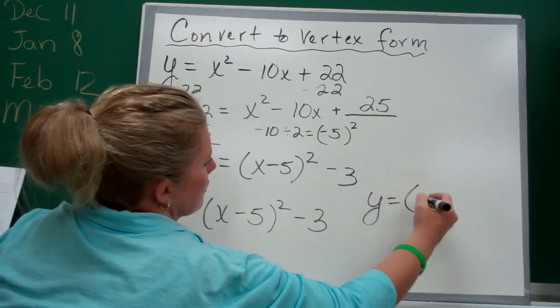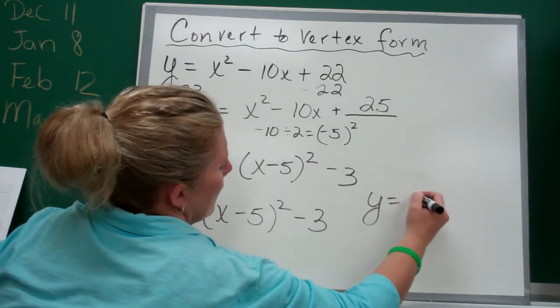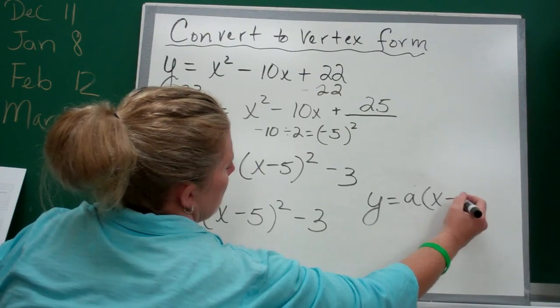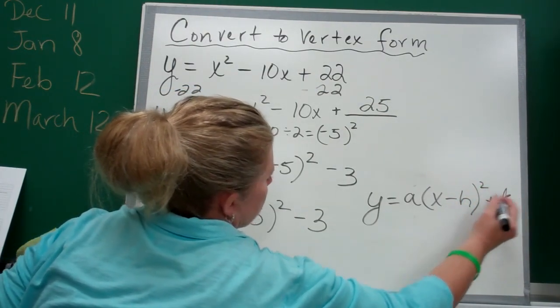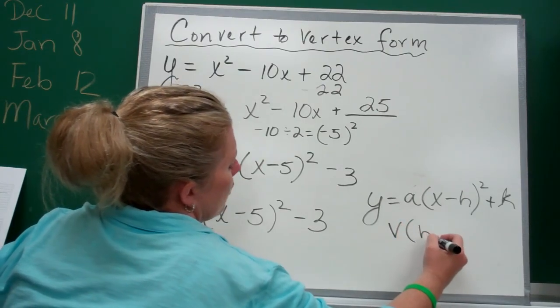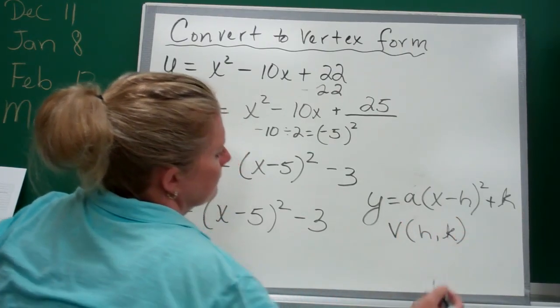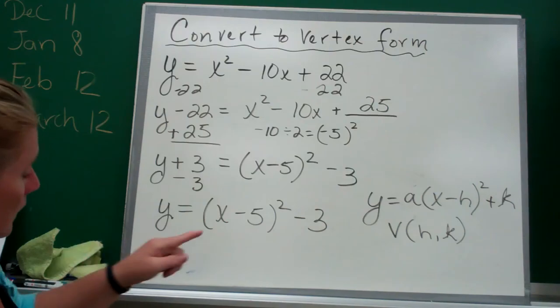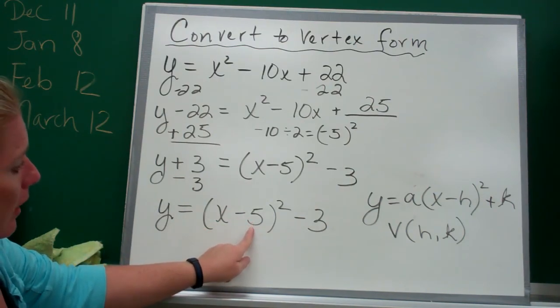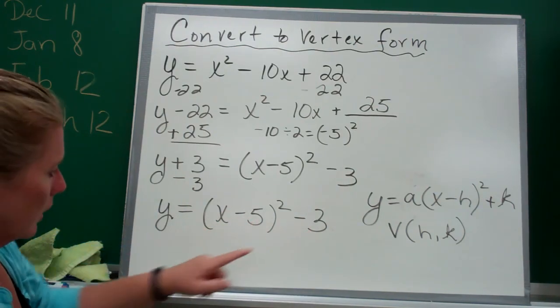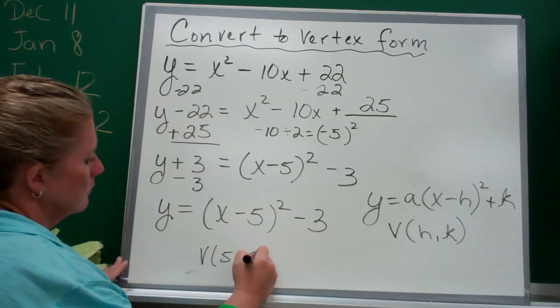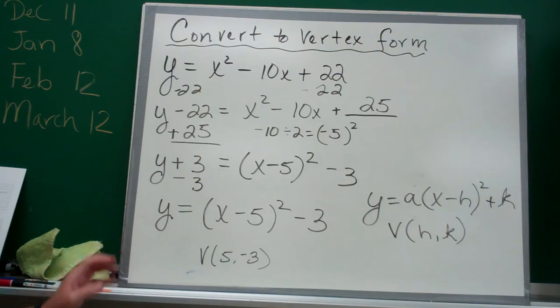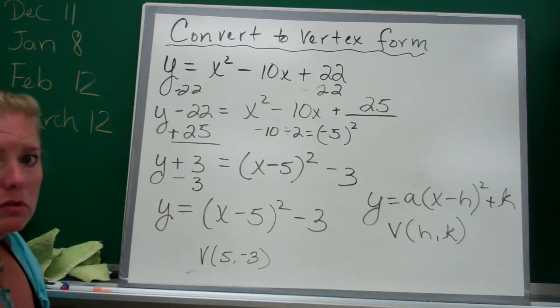Y equals a times x minus h squared plus k. And the vertex is the point h, k. So the vertex is the point 5, negative 3. We got to graph it. We will do some more of these.